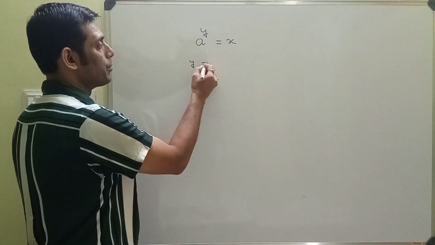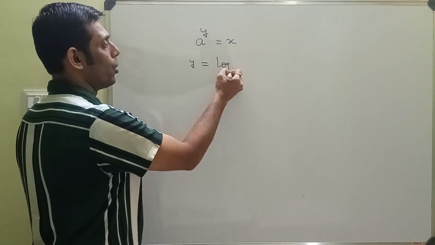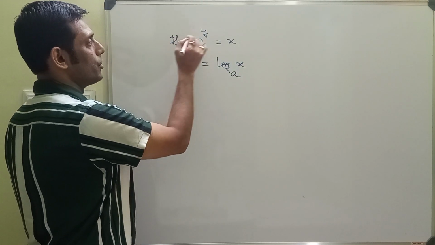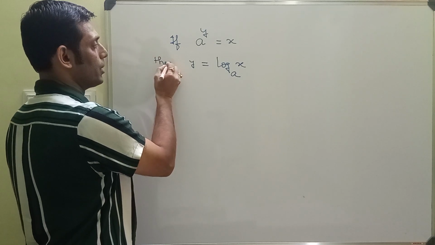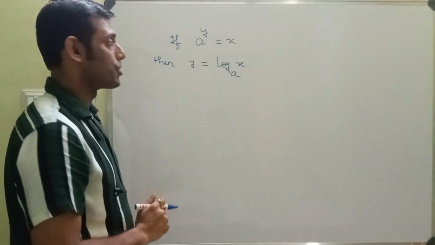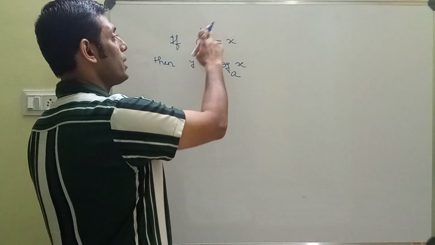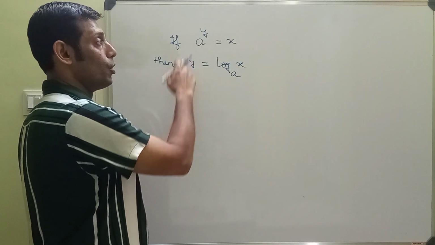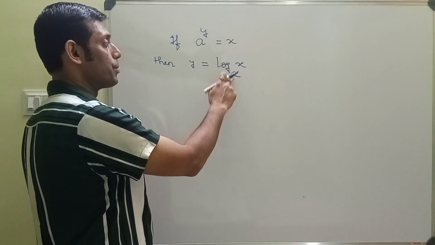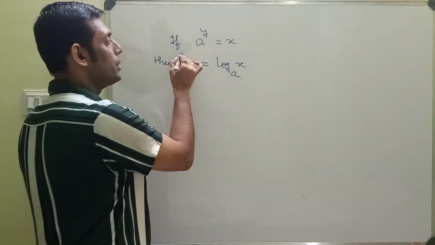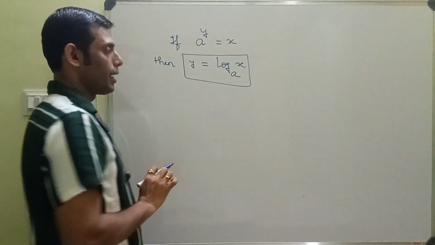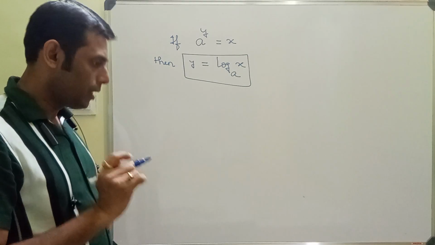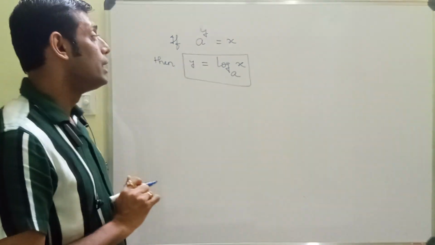That means y can be written as equal to log x base a. If this happens, then this happens, and also vice versa. That means a power y equal to x has an alternative expression: y equal to log of x base a.